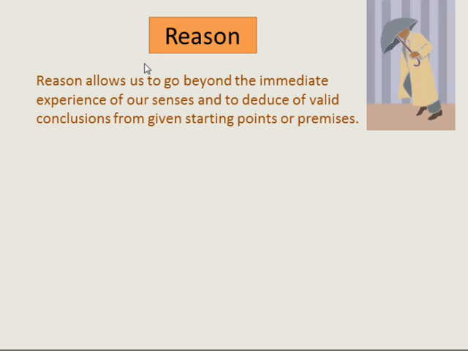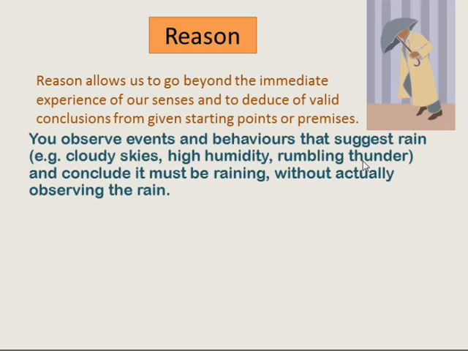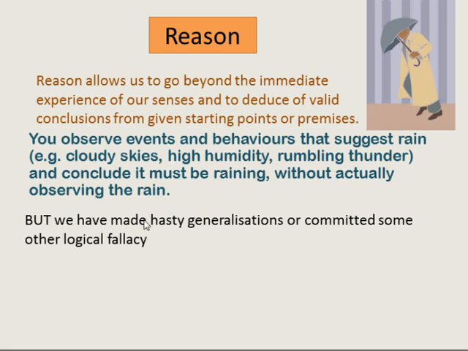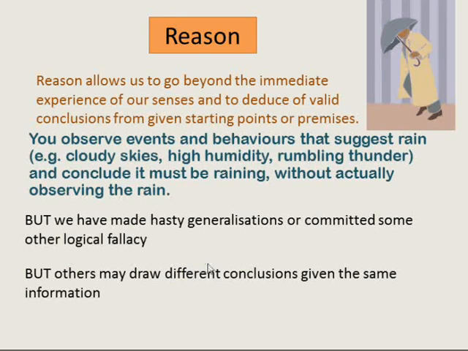Reason is going beyond our immediate senses and working out conclusions based on those premises. We can observe events that suggest rain and conclude it's raining without actually observing it through our sense perception. However, we may have made hasty generalizations or some logical fallacy.